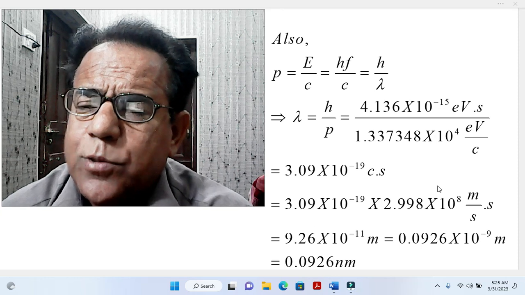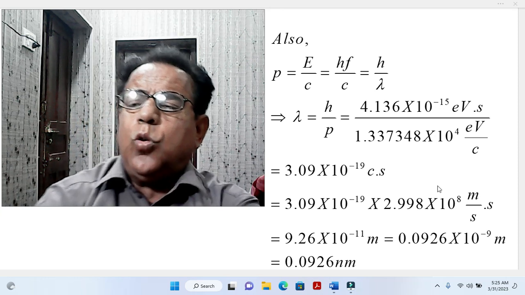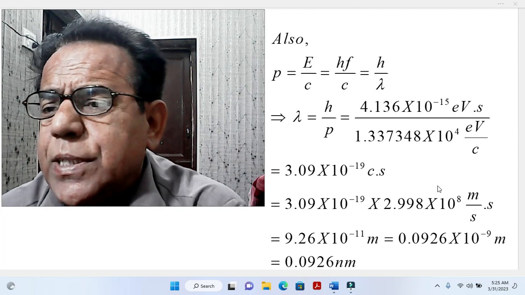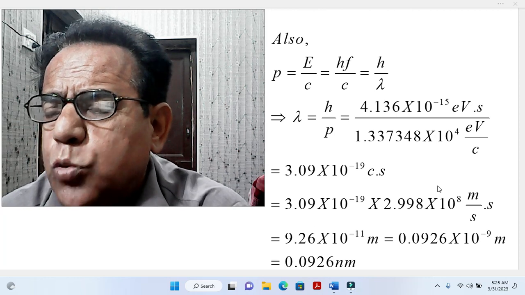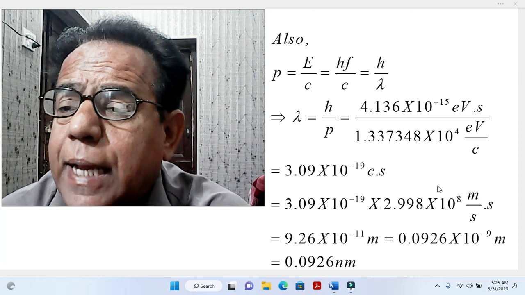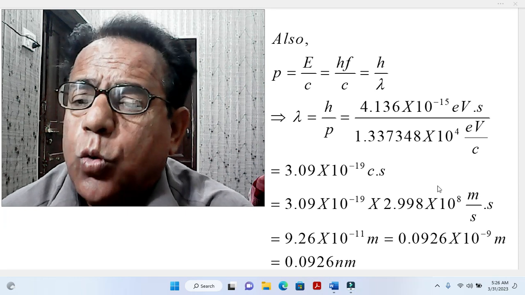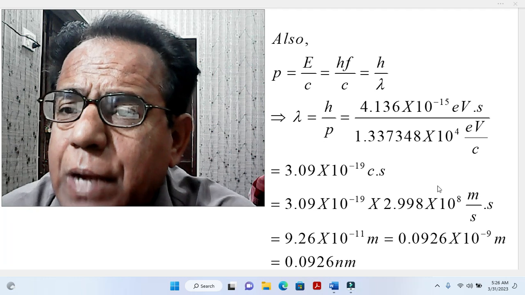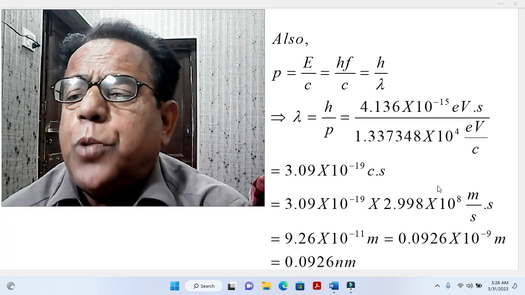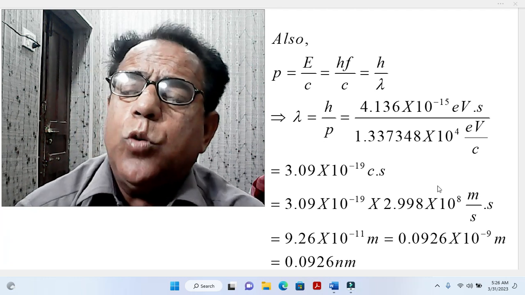So this becomes equal to 0.0926 into 10 to power minus 9 meter, and we know that 10 to power minus 9 is nano. So our wavelength lambda will become equal to 0.0926 nanometer.